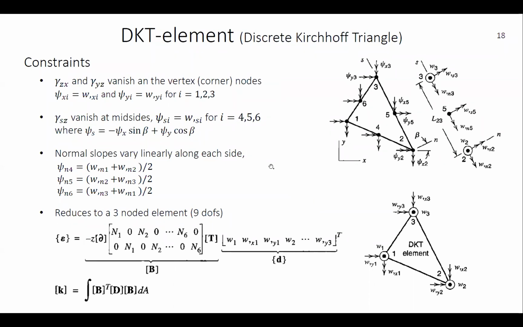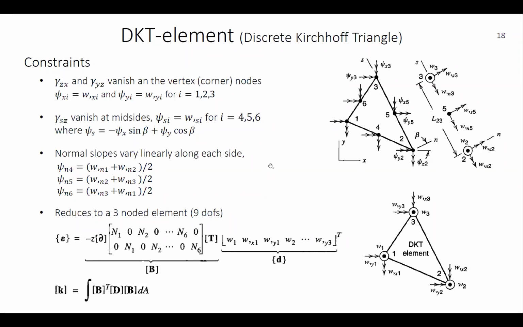Then we would apply some constraints. We have no shear strains in the Kirchhoff element, so the shear strain components will vanish at the corner nodes. Similar to what we defined in the beginning, the slope is defined as the derivative of the vertical displacements for all of the corner nodes.